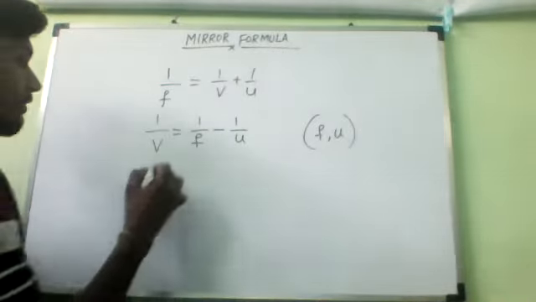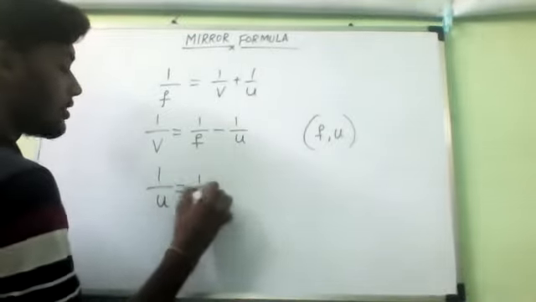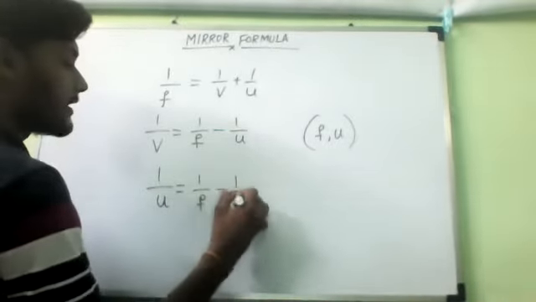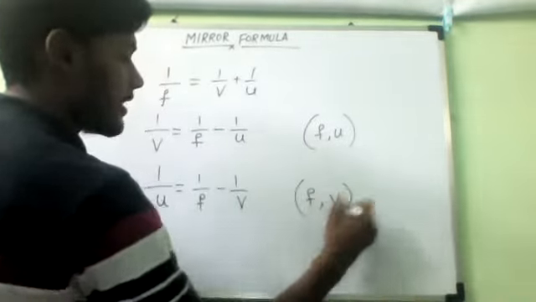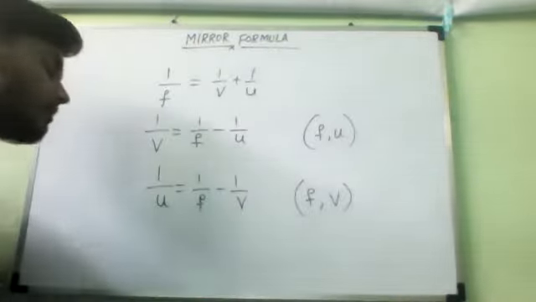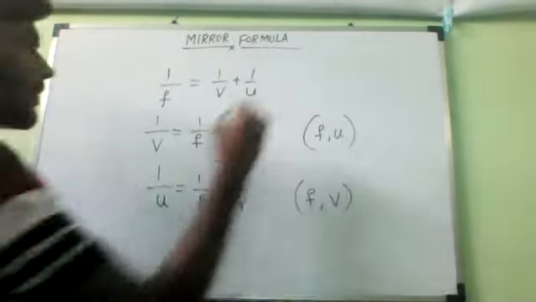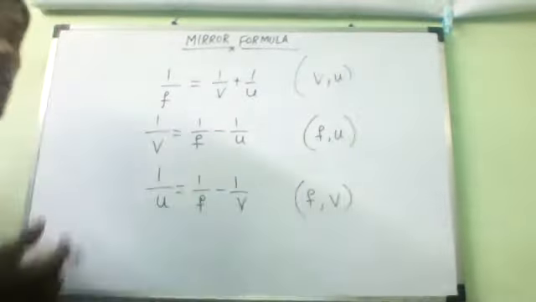The same way, when they have given focal length and image distance, then we should use 1 by u is equal to 1 by f minus 1 by v. Do you understand or not? All of you? Yes, sir. These are the 3 formulas everybody should remember. No confusion at all.